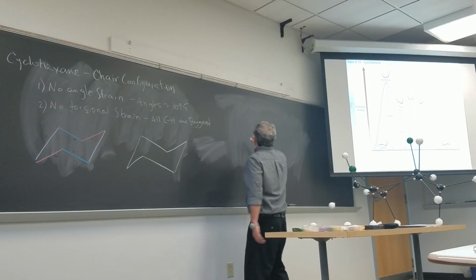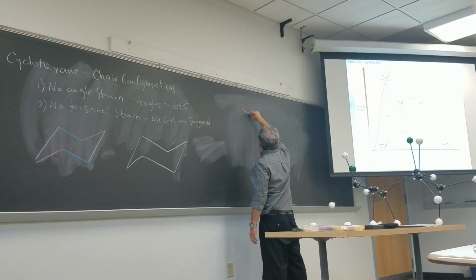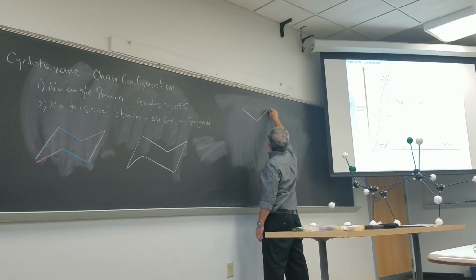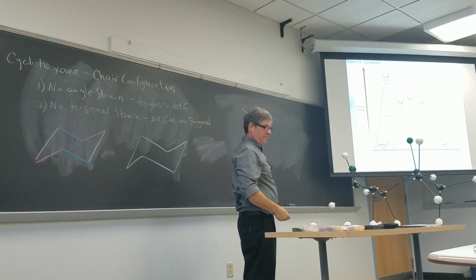Right? When in the book it describes a way of drawing it where you draw sort of a V here.